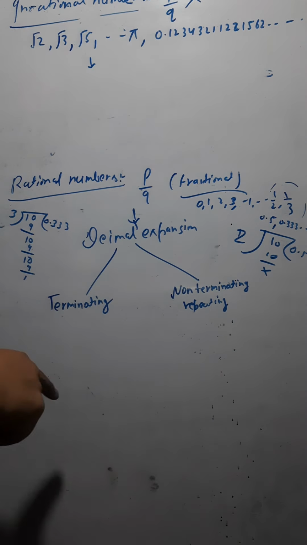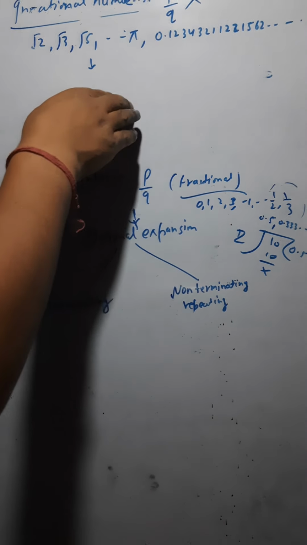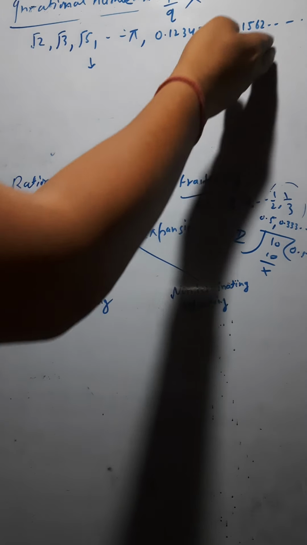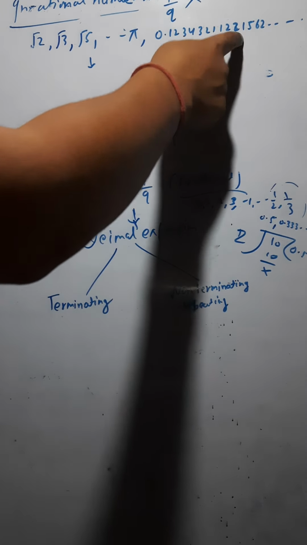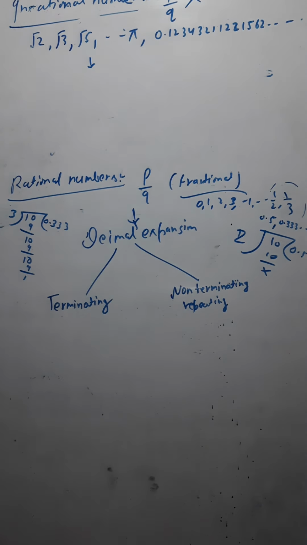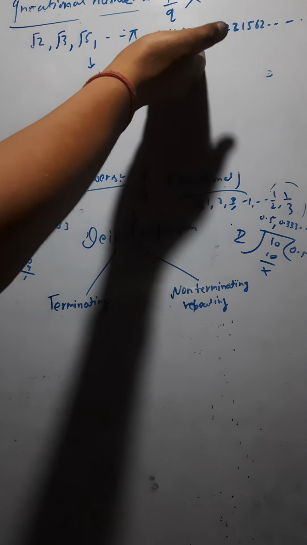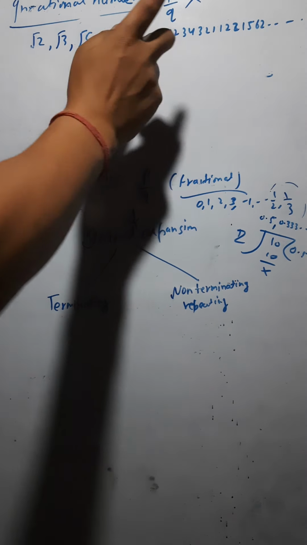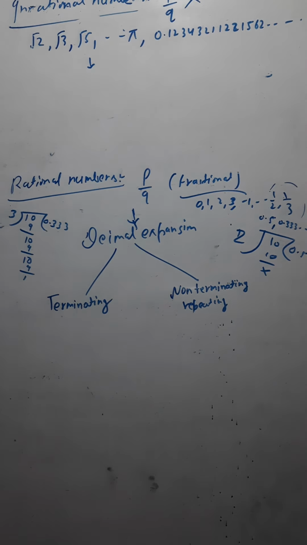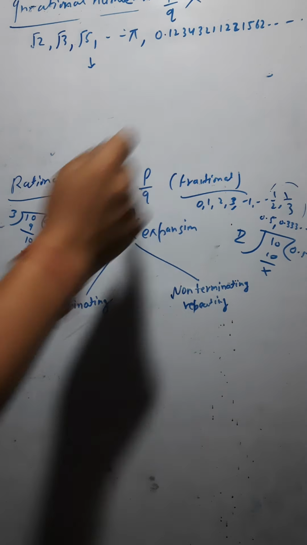And one more thing, it is not repeating also. Like 1 2 3 4, is it repeating again? No. 1 2 3 4, then 3 2 1 1, then 2 2, then 1 5 6 2. Nothing is being repeated there. So if a number is given in this form, it would be an irrational number, because it never ends and it is not repeated also.